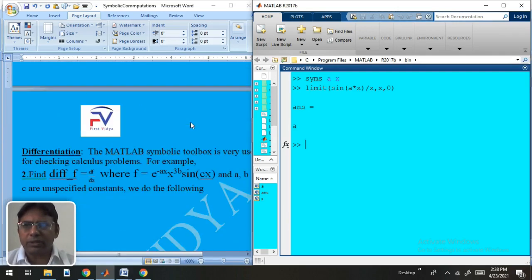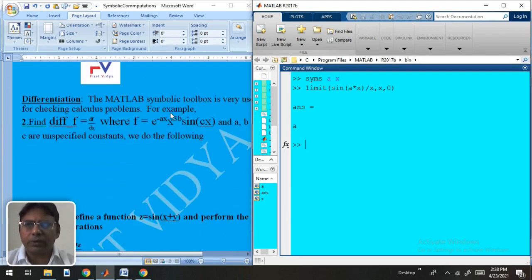So now let's do some other problem. Now we will take the problem from differentiation. Here we have a function f equal to e to the power minus ax into x to the power 3b into sine cx.